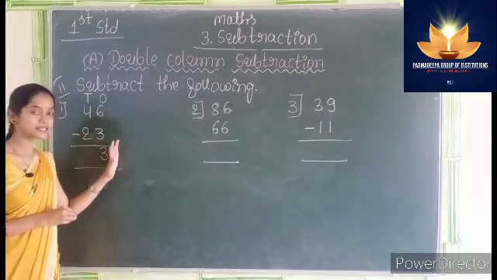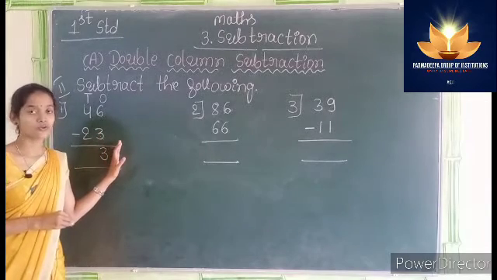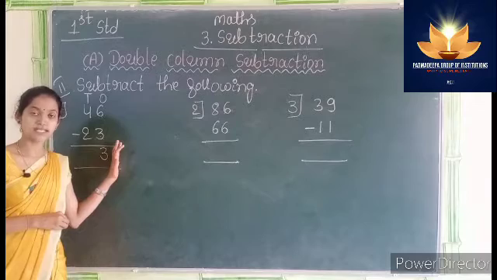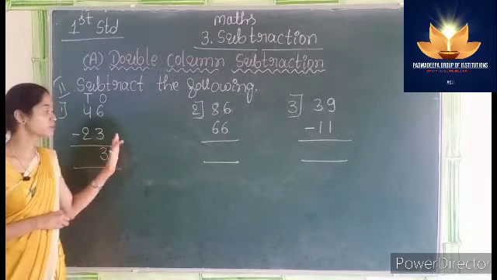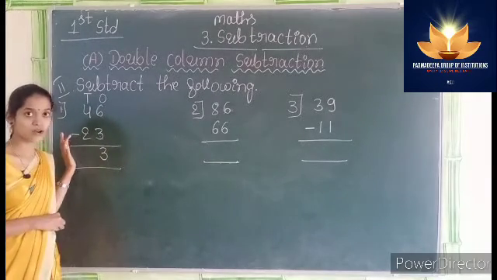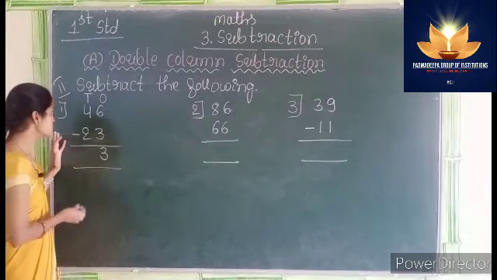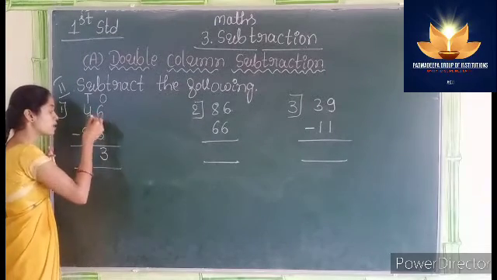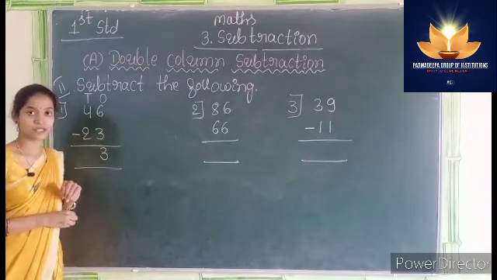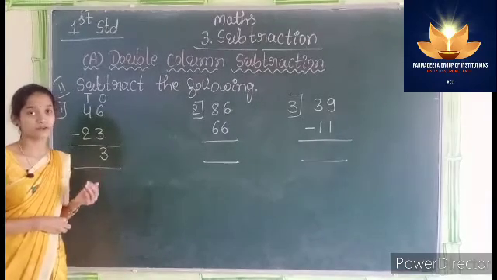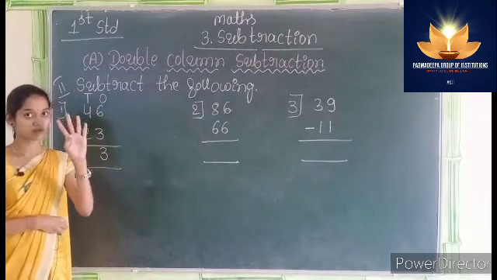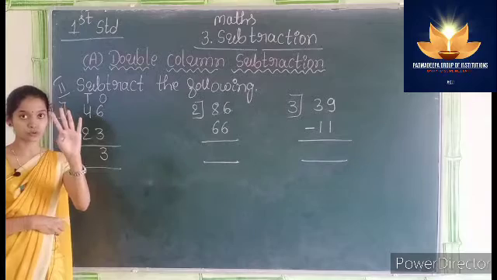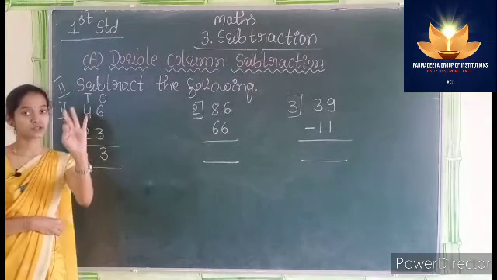Okay. Now we completed the subtraction of ones place numbers. Then we have to move on to the subtraction of tens place. In the tens place we have 4 and 2. 4 minus 2 how much? This is 4. We have to remove 2. 1, 2.